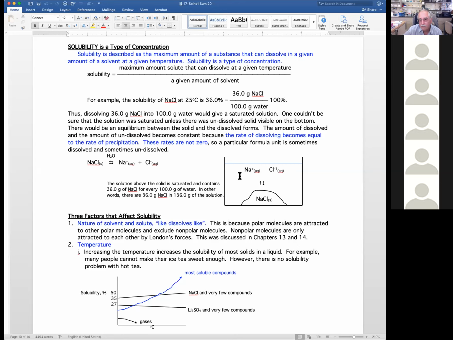You can't get any more to dissolve. If I put 37 grams in here, 1 gram will go to the bottom, it will not dissolve. So what I know, if I take out any amount of this saturated solution, I know that there's 36 grams in every 100 grams of that solution.